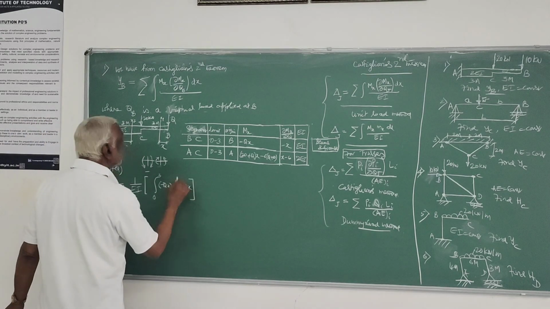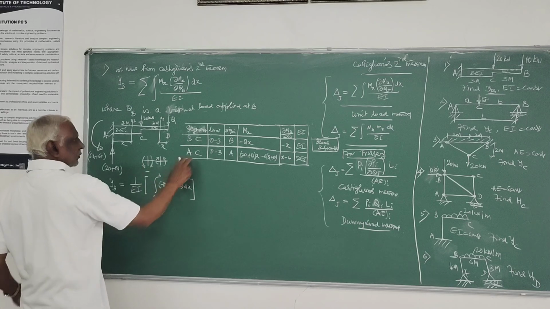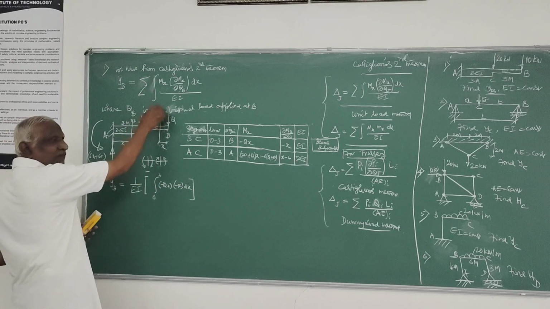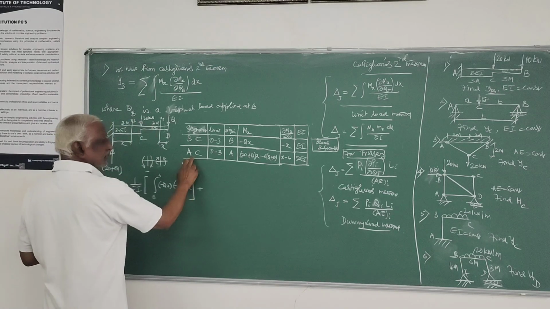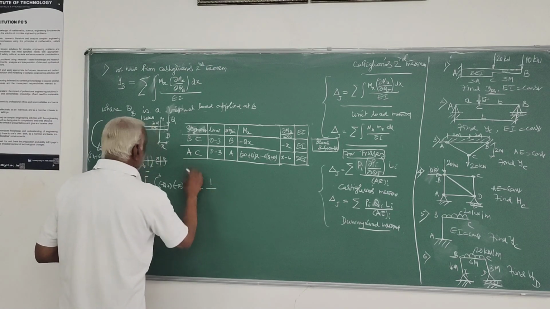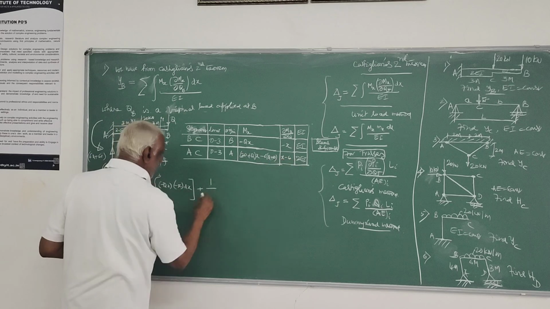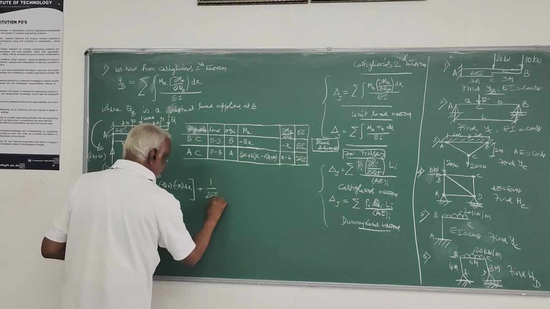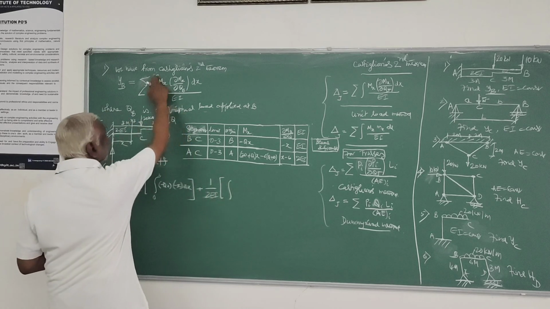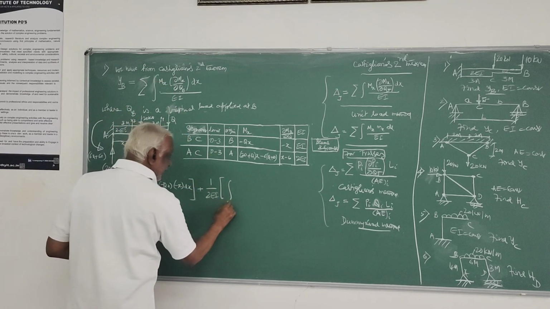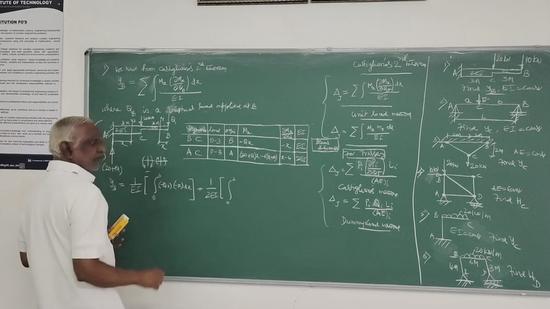This is first, right? Now this portion, because it is sigma, for all the segments added. Next plus this portion, that is 1 over EI. EI value is 2EI. You have to take 1 over 2EI into integral, again limit is 0 to 3.